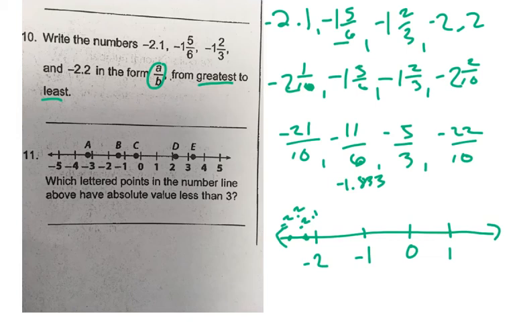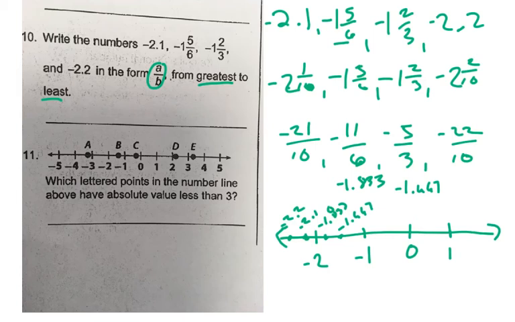And then if I take 5 divided by 3, I'm going to get -1 and 667 thousandths. Okay? So I'm going to put those on this number line. This one's going to be about here, -1.833, and this one's going to be about here, -1 and 667 thousandths. Okay, I want them greatest to least.